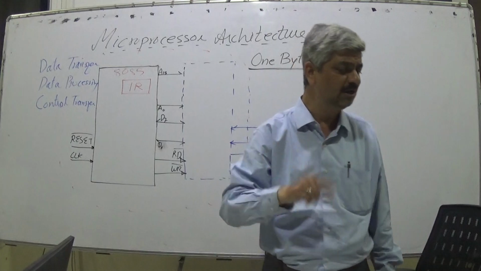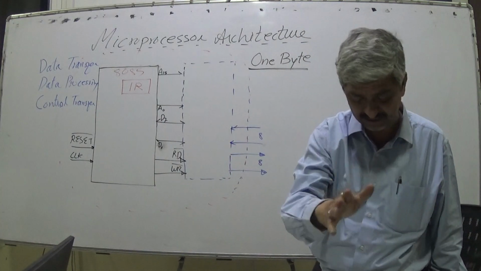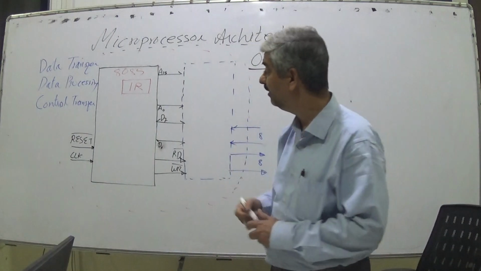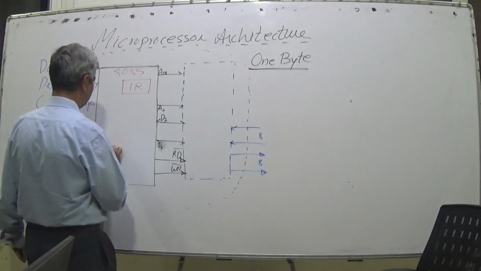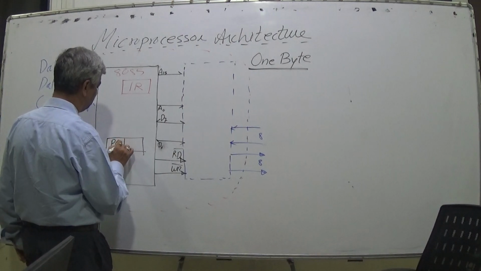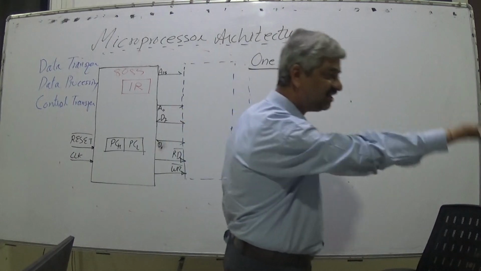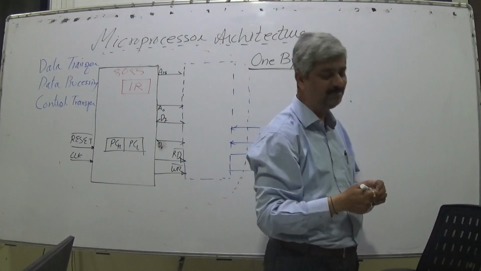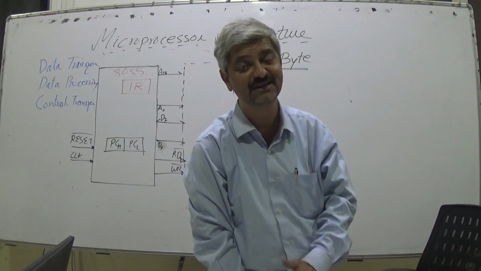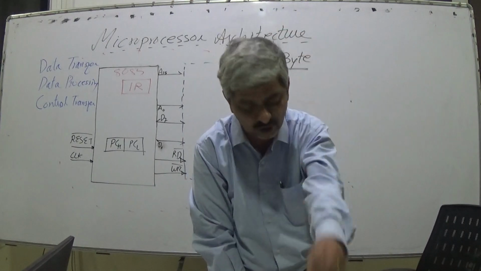Like that, what does the microprocessor do? After reset, the microprocessor has a program counter which we already discussed. Reset makes that program counter 0. The program counter is used to read the instructions from memory. So the program counter becomes 0 and the microprocessor performs a memory read cycle that is called an instruction fetch cycle, or fetch cycle, or sometimes an opcode fetch cycle.